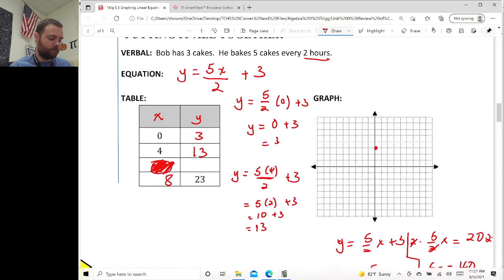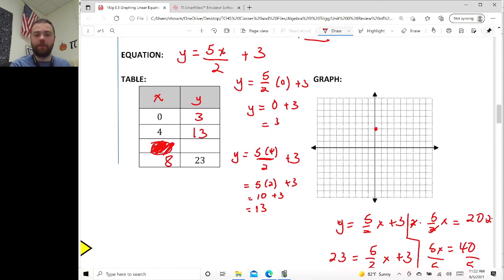And that's it. So I want to see what this graph looks like. From that y-intercept, I want to go up 5. My slope is 5 over 2. I want to go up 5 and right 2. So 1, 2, 3, 4, 5, right 2. And then I can also think of that slope as negative 5 over negative 2, which means I go down 5 and left 2.